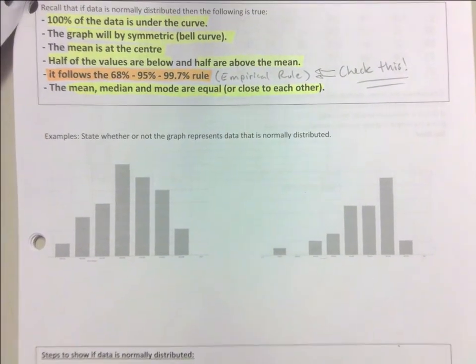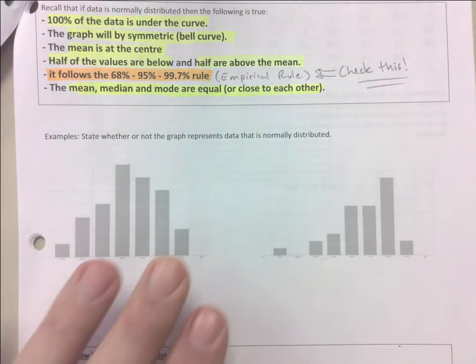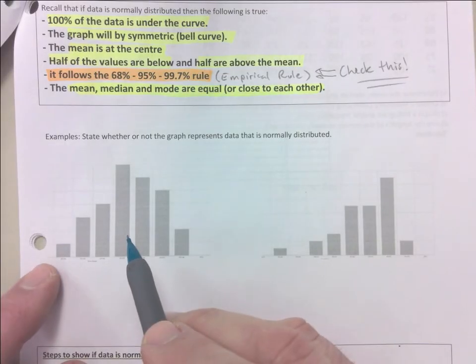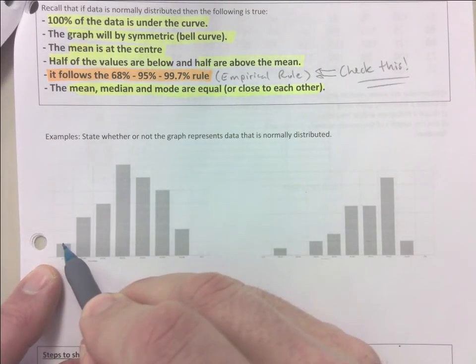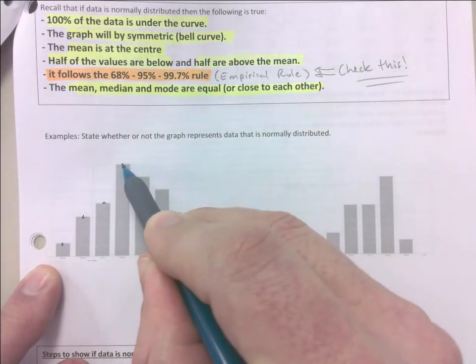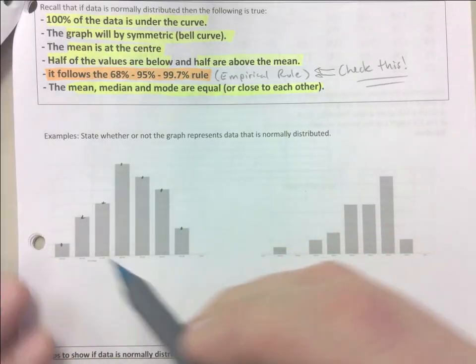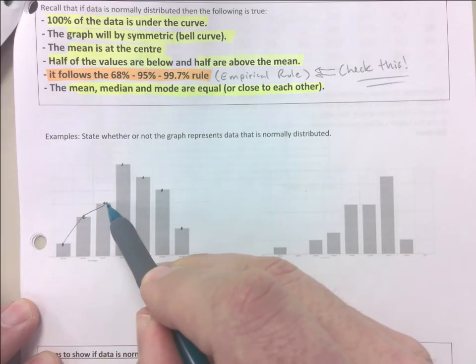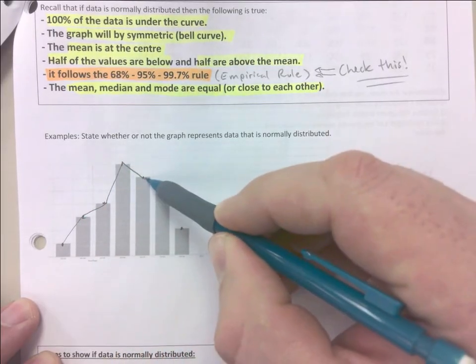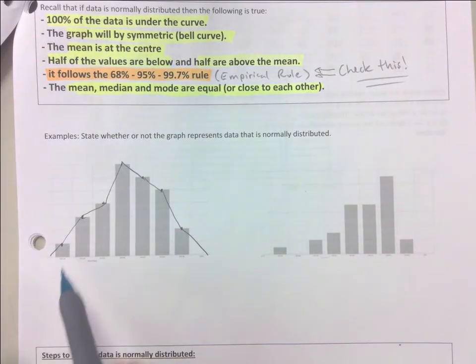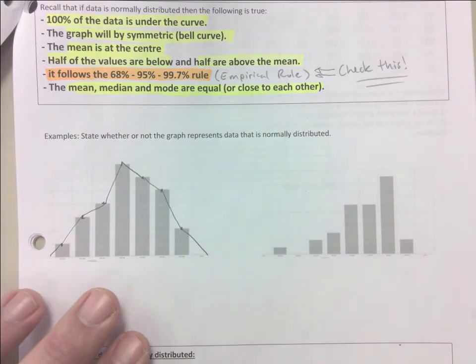Sometimes I will just give you a graph, and you can kind of tell by connecting the midpoints. That is basically what we do with data. We make bar graphs and whatnot, and then we connect them to make our frequency polygon, and we try to see, does this follow a bell curve? It's not always perfect, but that's what we're looking for.